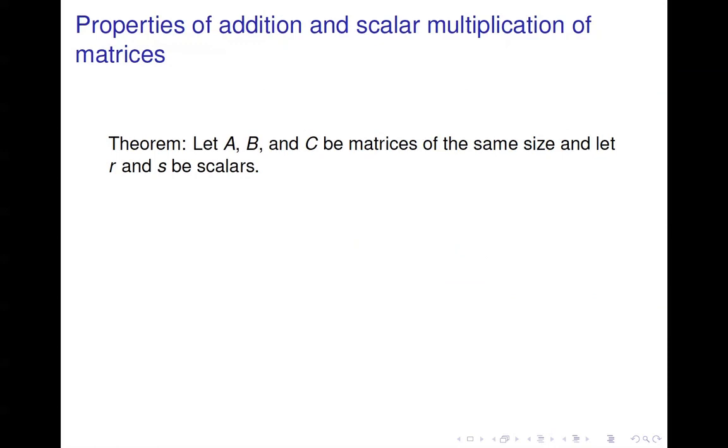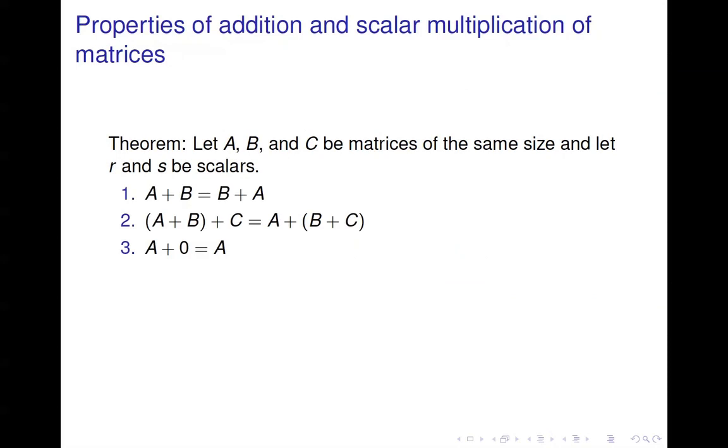Your book lists some properties of addition and scalar multiplication of matrices. The first 3 are regarding addition. Since addition of matrices is defined essentially the same as addition of real numbers, a lot of those same properties carry over. So A plus B is B plus A. The second one allows you to associate the parentheses as you'd like, so that's the associative property.